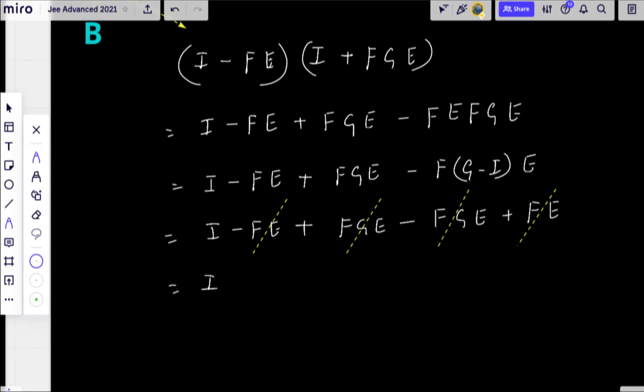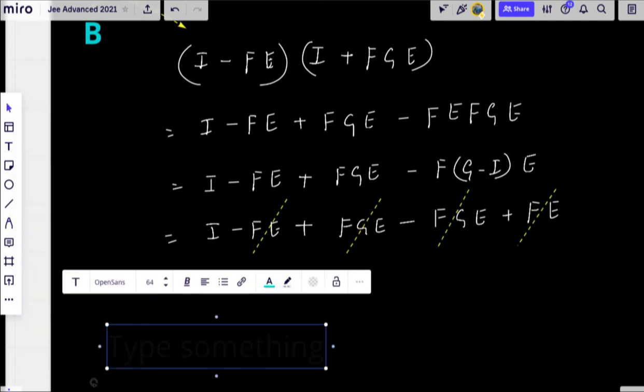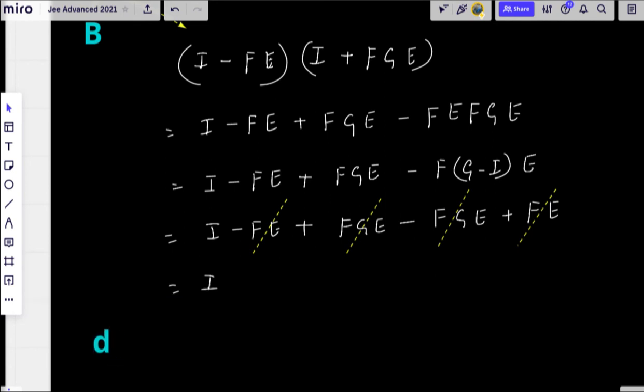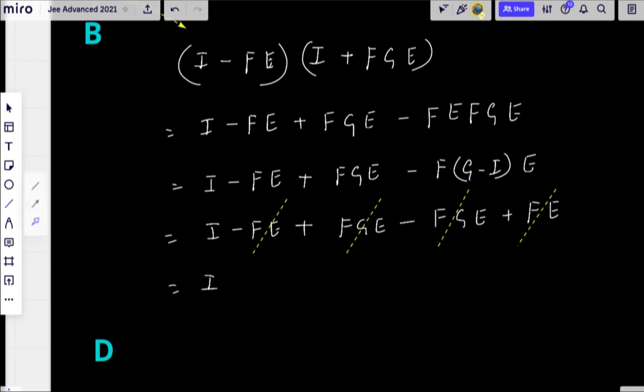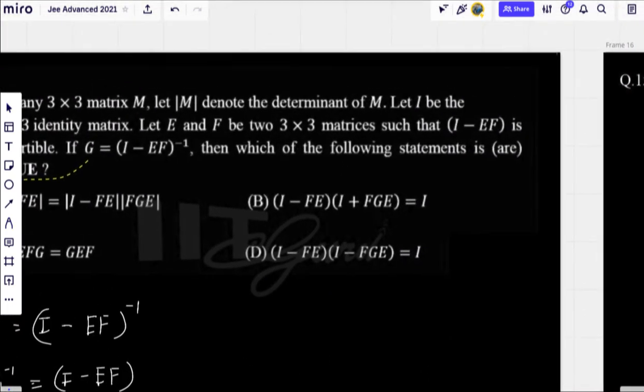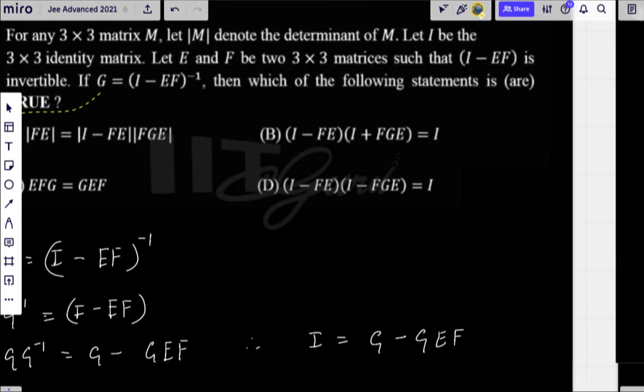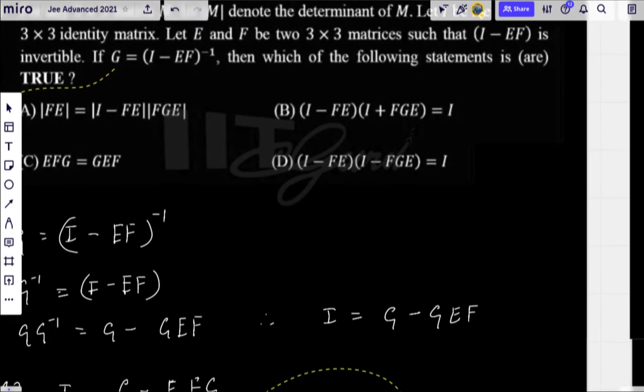Okay, so go for the D option. Let me check for the D option. How will we go for the D option? The D option is I minus FE and I minus FGE, that is 1.